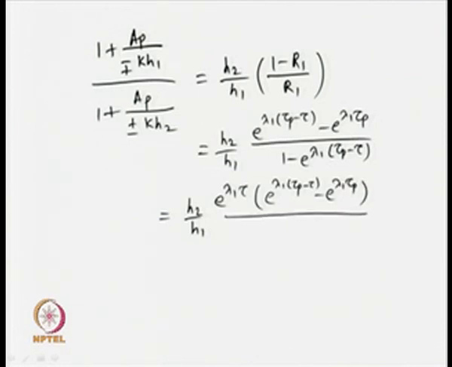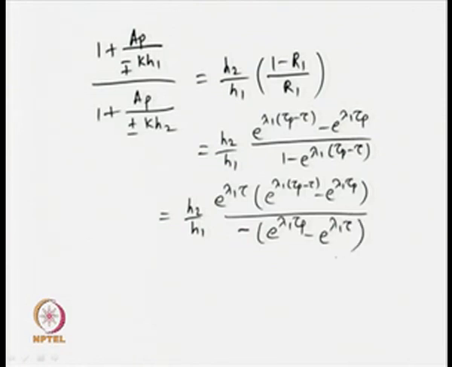In the denominator, allow me to write the term first, e to the power lambda 1 tau minus e to the power lambda 1 tau p. So, I will make a sign change here, like minus of minus plus. Okay. So, ultimately I will get a term in the denominator, minus of e to the power lambda 1 tau p minus e to the power lambda 1 tau.